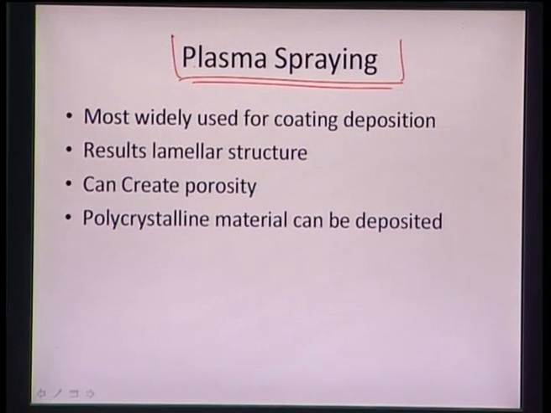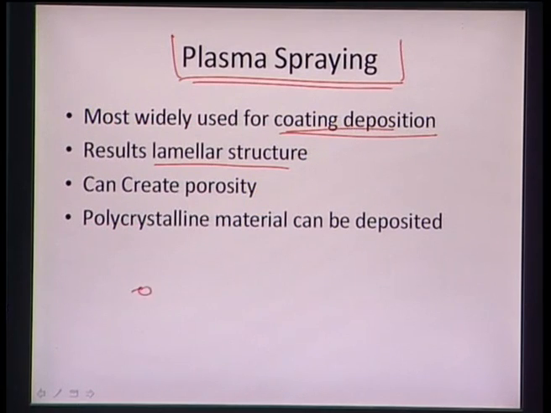And plasma, as we know, is the fourth state of matter. Herein it is utilized to let the powders through it, and it will melt them and accelerate the powder particles so that they get impacted onto a substrate, and it tends to form coatings. It is the most widely used coating deposition technique for depositing hydroxyapatite, and it tends to develop something called a lamellar structure.